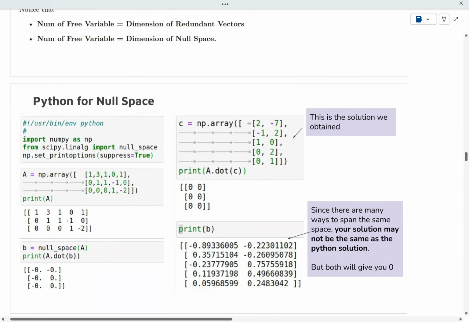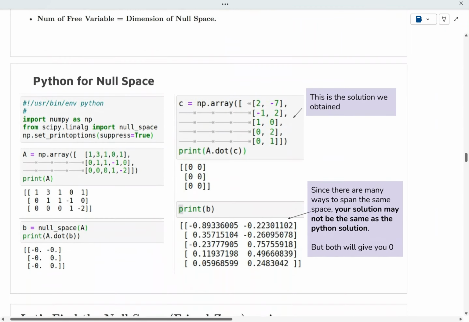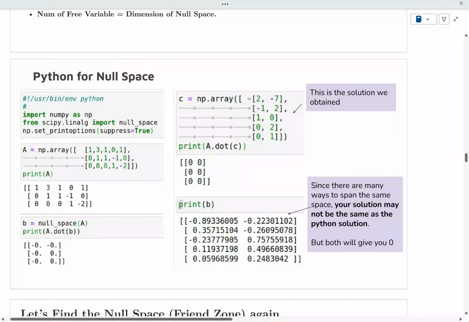Now, finding a null space is pretty easy in Python. What we do is we simply put in the matrix and then call null space. You need to import it first, and it will give you the vector.